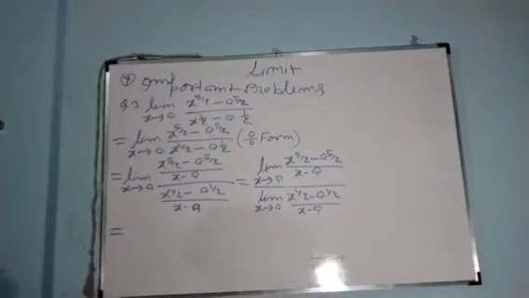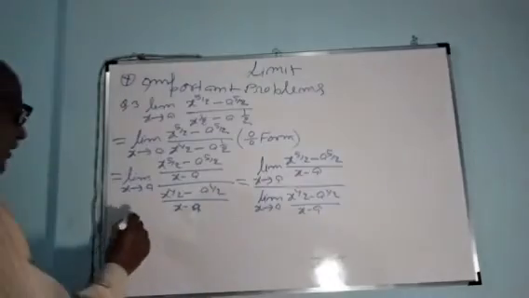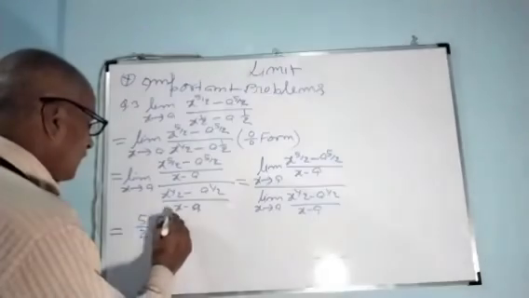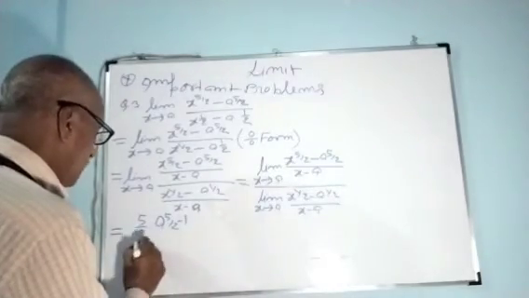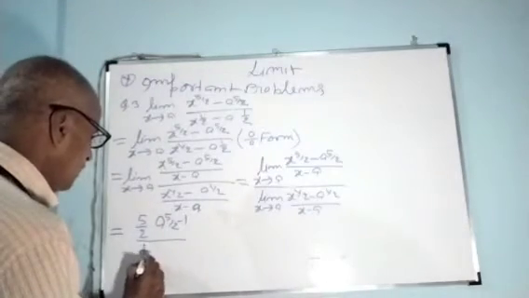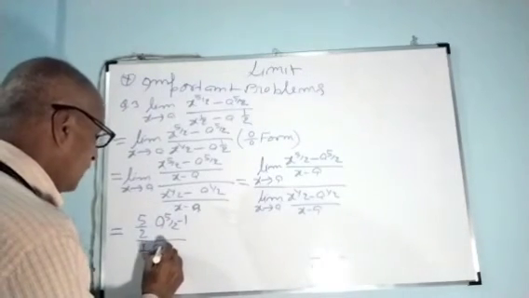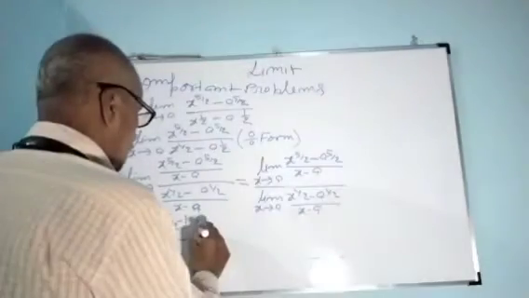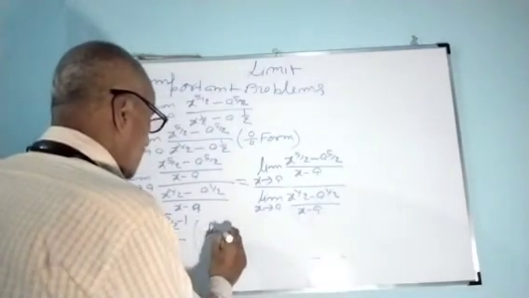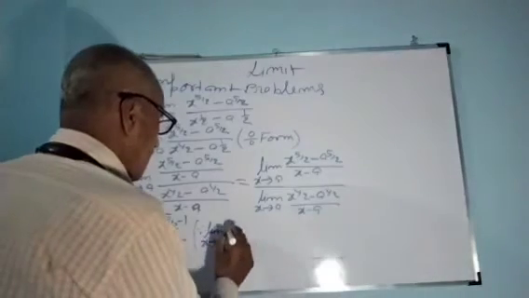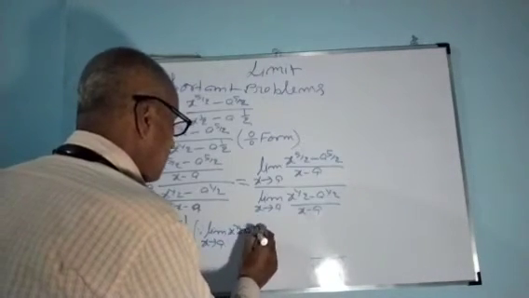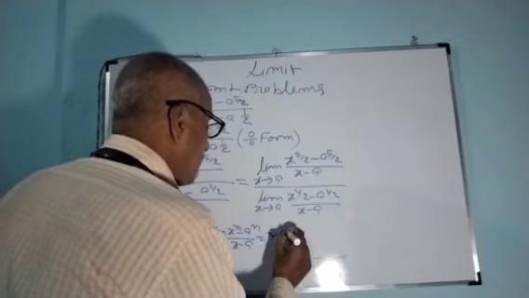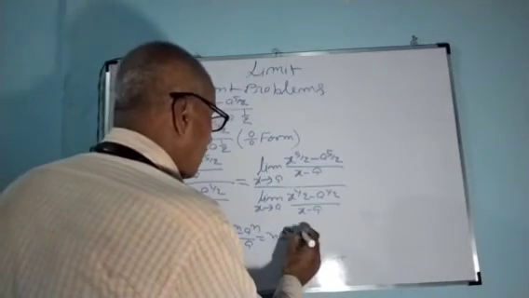This is equal to 5 by 2 into a to the power 5 by 2 minus 1 by 1 by 2 into a to the power 1 by 2 minus 1, since limit x tends to a, x to the n minus a to the n by x minus a is equal to n into a to the power n minus 1.